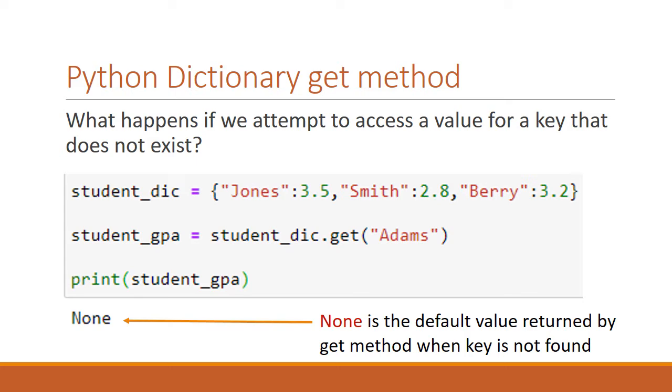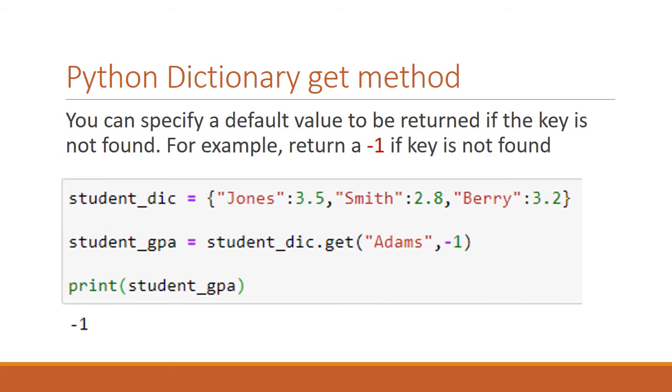If that does not exist, then get will return None. So None is the default value returned by the get method when the key is not found. So GPA is assigned the value None.